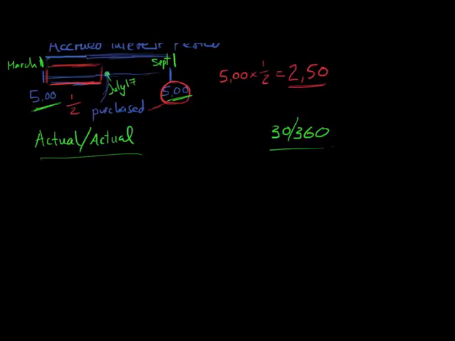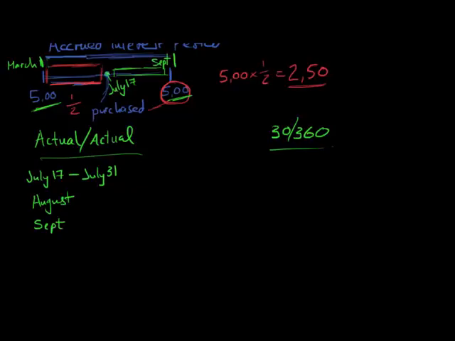Alright, so in the actual method, today's date is going to be July 17th. So the purchase date is July 17th. We're going to count here the number of days remaining until the next coupon payment. So the days remaining are July 17th till July 31st, then all of August, which are 31 days, and September.